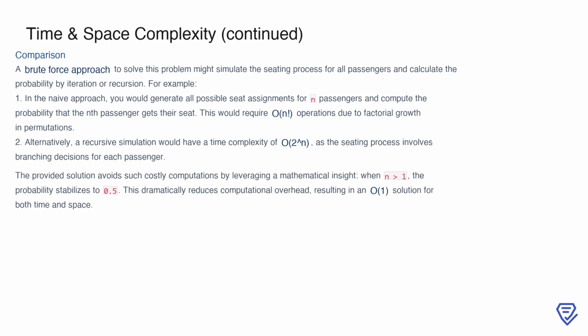Alternatively, a recursive simulation could explore all possible seating decisions, leading to an exponential time complexity of O(2^n). However, the provided solution avoids these computationally expensive methods by leveraging a mathematical insight, where for n greater than 1, the probability stabilizes at 0.5. This eliminates the need for simulations or iterations, bringing the time complexity down to O(1).